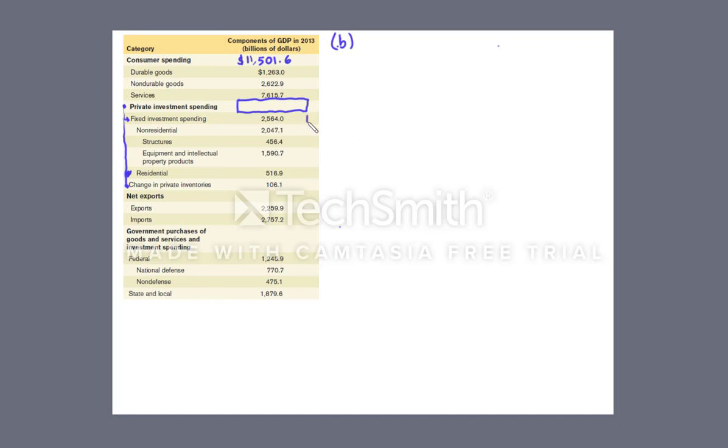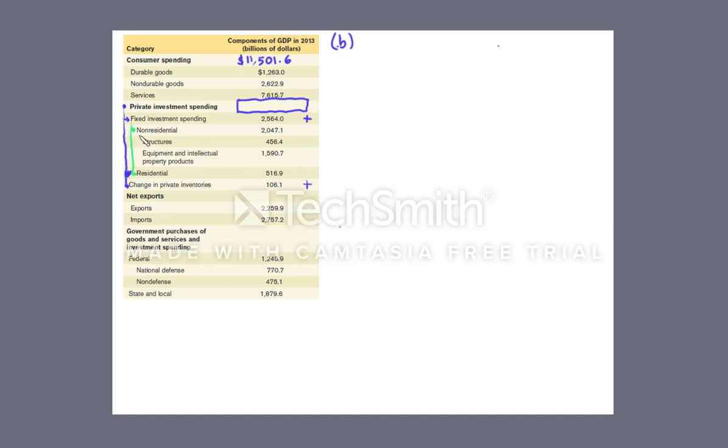Now, fixed investment spending, we can see, is made up of subcomponents. Fixed investment spending can be broken up into non-residential investment spending or residential fixed investment spending. And then similarly, non-residential fixed investment spending can be broken up into 2 subcategories, structures and equipment.